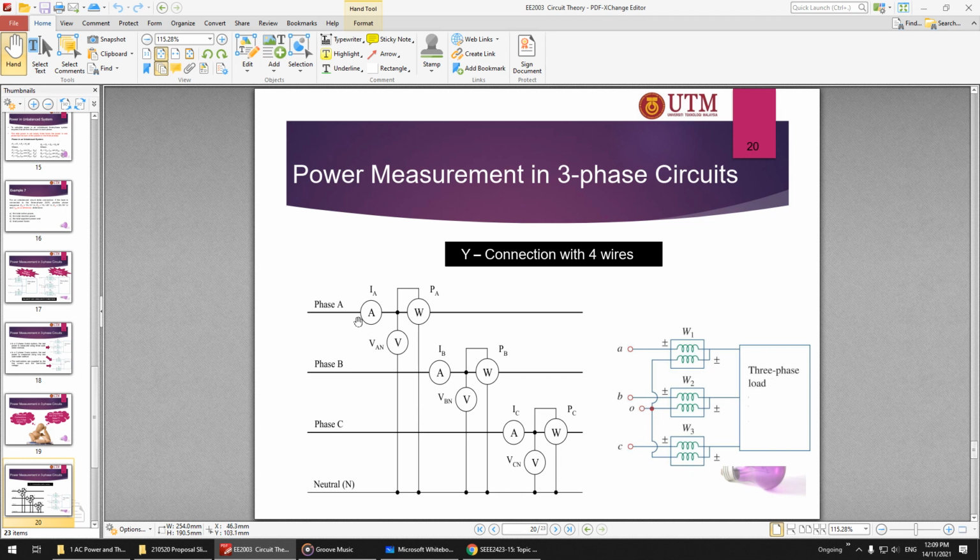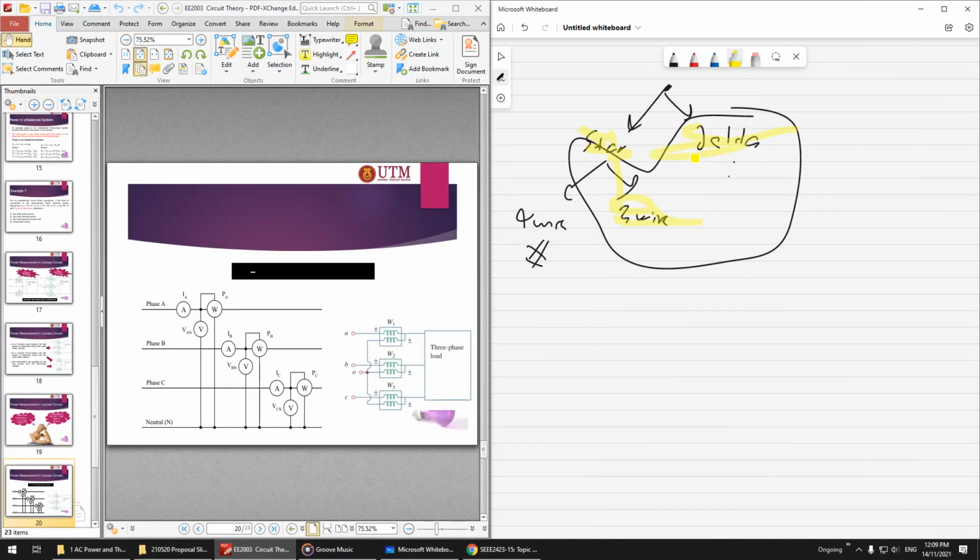You have a line current, or phase current, and then you connect it to the neutral point. Then you can calculate the power, because power is just I multiplied by V. Let me show you, maybe it's easier.